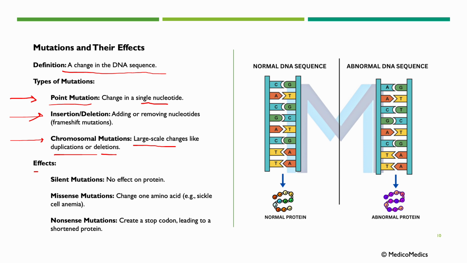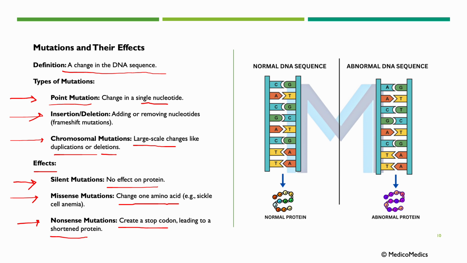We also have different effects. So a silent mutation has no effect on proteins. Missense mutations change one amino acid, for example, sickle cell anemia. We have nonsense mutations, so it creates a stop codon leading to a shortened protein.